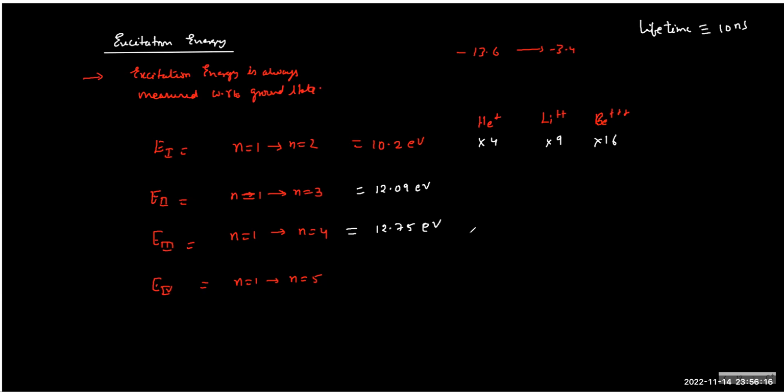Okay, do the subtraction, go back to kindergarten. 13.6 minus 0.85. 5 means 15 minus 8, 7. Is this correct, guys?